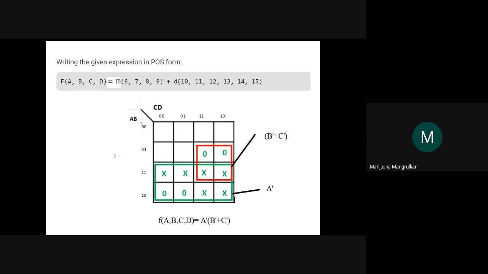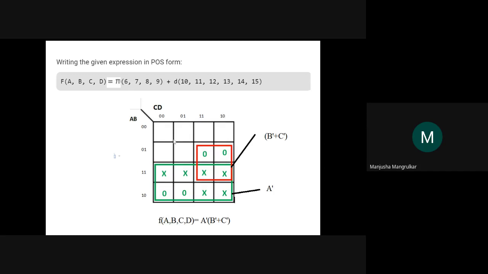Now here A, B, C, D, right? Here it comes A plus B, A plus B complement, A complement plus B complement, A complement plus B, correct? Everyone understood? C plus D, C plus D complement, C complement plus D complement, and C complement plus D, right?